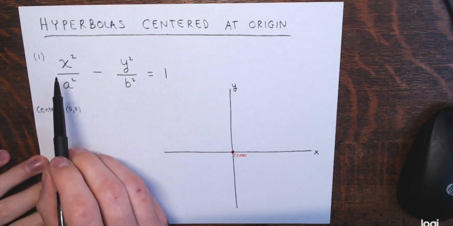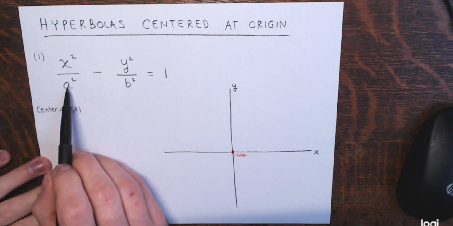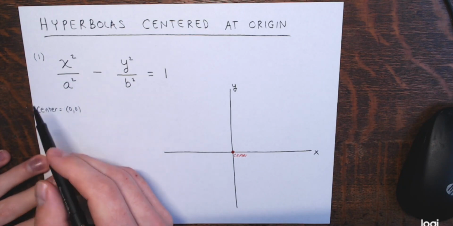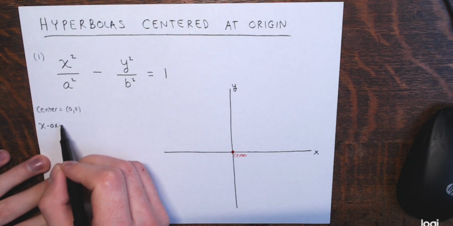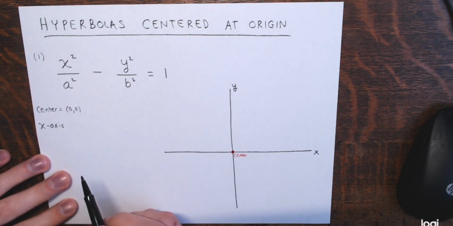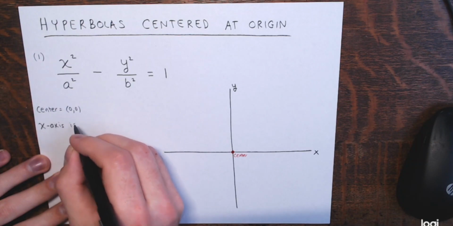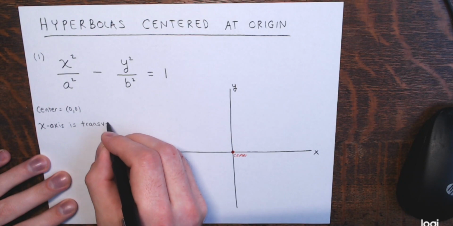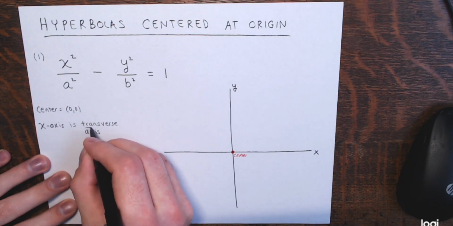If the x squared term is the positive term, the leading term on this side, then the x-axis is going to be what's called the transverse axis of the hyperbola. The transverse axis.